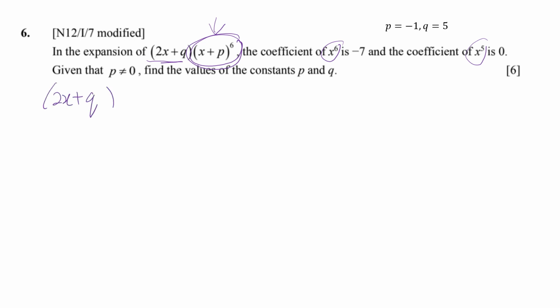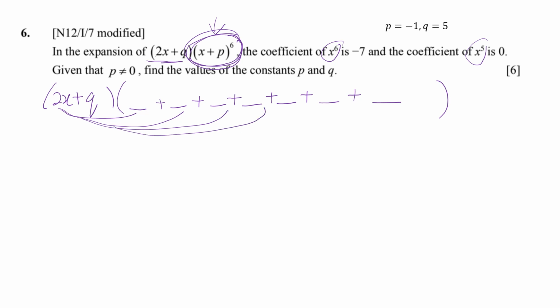Right, so what we're trying to say is that if you were to expand this, there should be 7 terms altogether, right? 1, 2, 3, 4, 5, 6, 7. Okay, so your 2x can multiply with all these 7 terms here. But I'm only interested in x to the power of 6 and x to the power of 5.